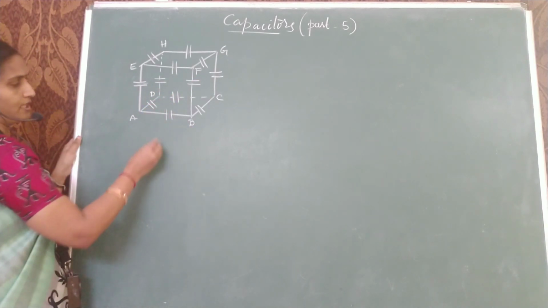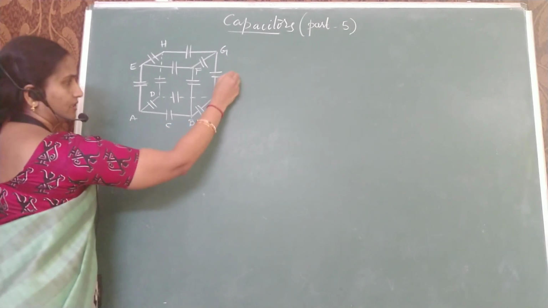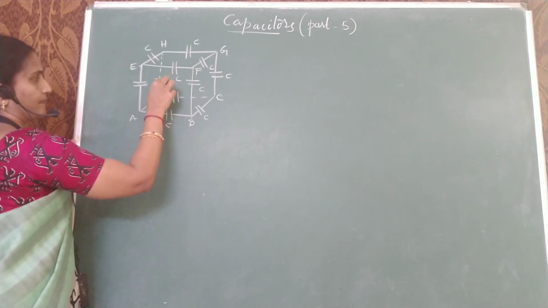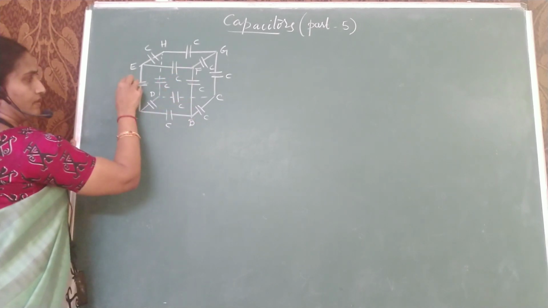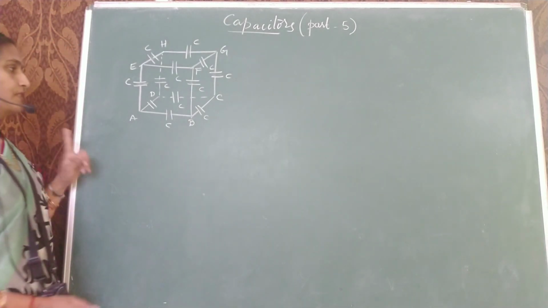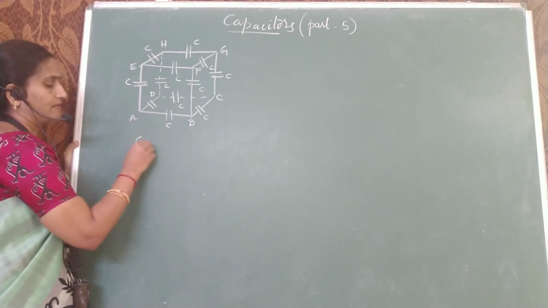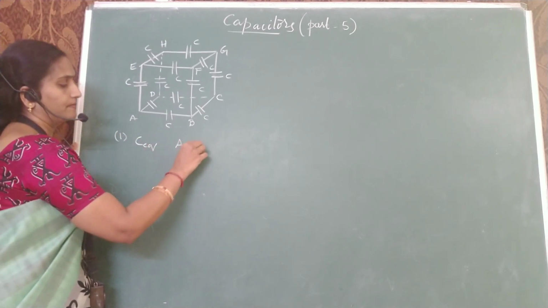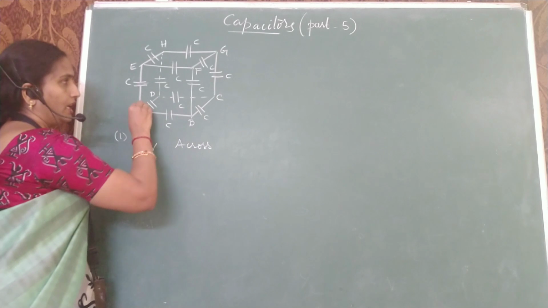Let each capacitor have a capacitance C. Now regarding cubical networks, they can ask you three different questions. Find equivalent capacitance, C equivalent, the first question, across A and G.